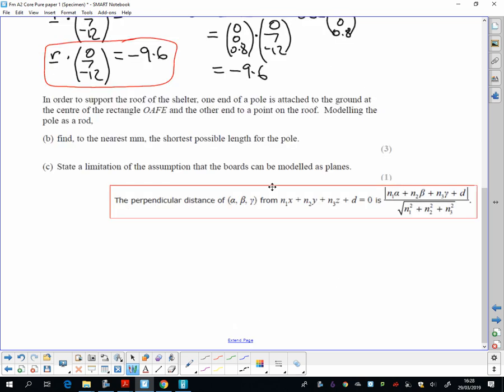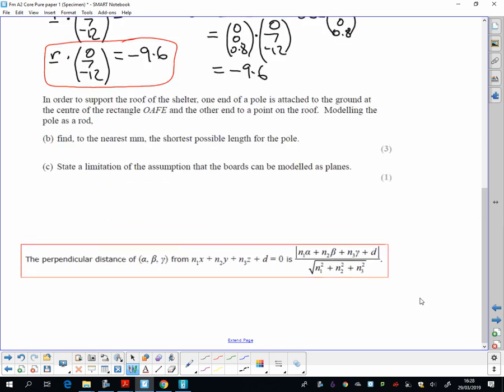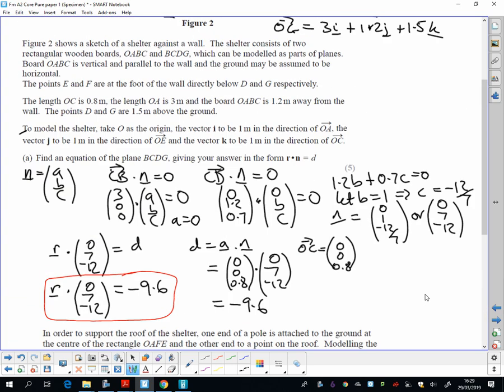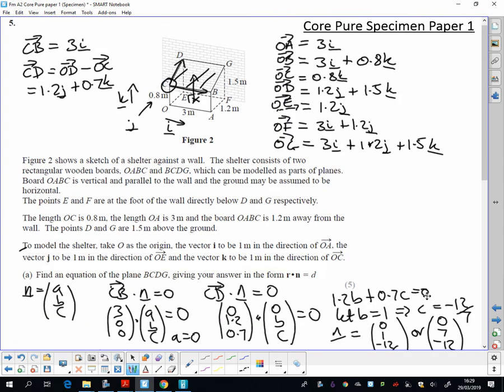Now, this is particularly easy because the formula for this is in the formula book. Okay, and it's this section here that I've copied out, the perpendicular distance of a point from a plane. So all we've got to do is have a look at our diagram. My point is in the middle here.